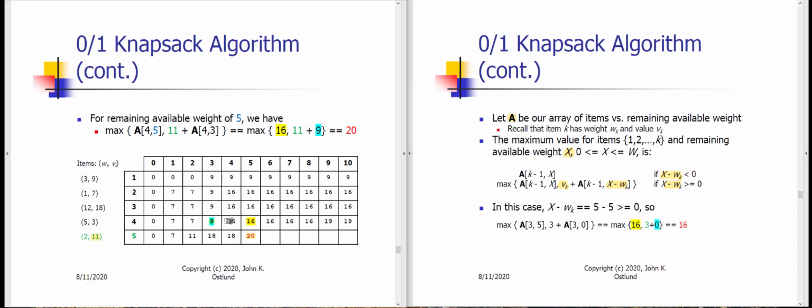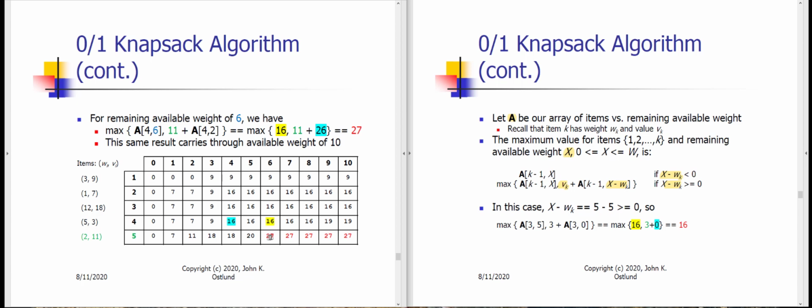Okay. In the next column, column 6, we get to, well, 16 here is the maximum value that we could get by just considering items 1 through 4, some combination of items 1 through 4.